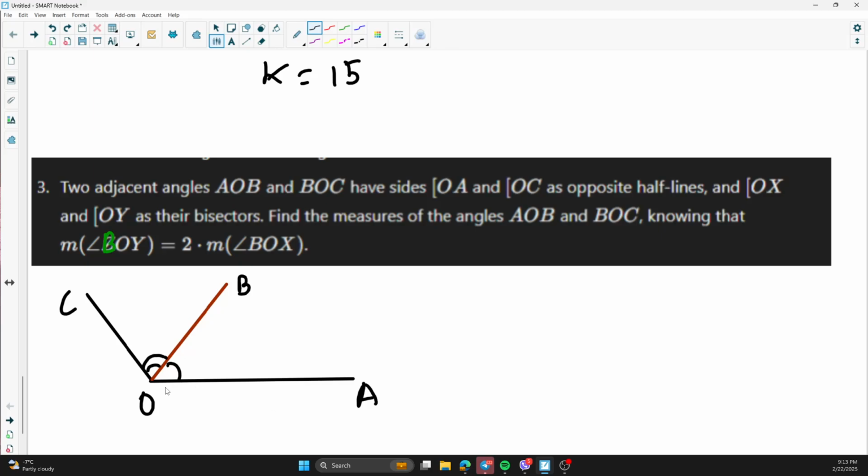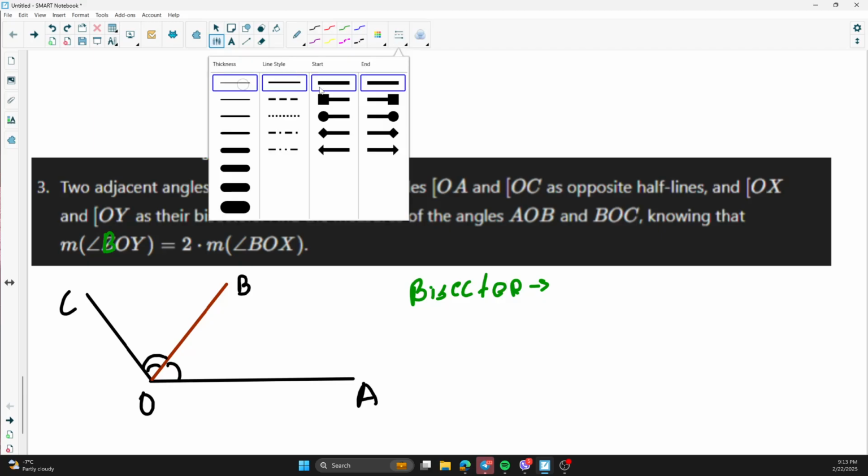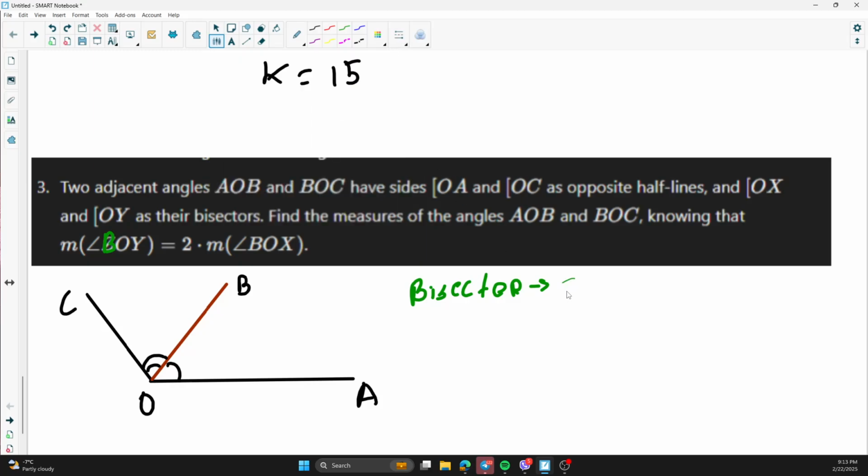And OX and OY are bisectors. What does a bisector do? It splits the angle in half.